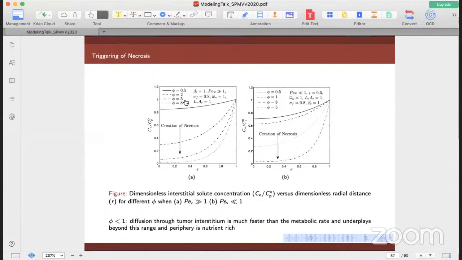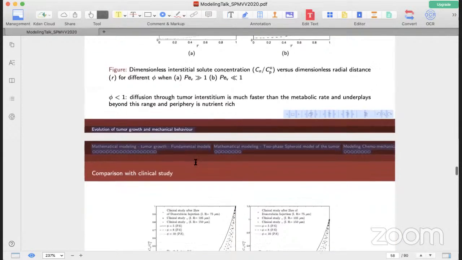Based on that, for various parameter combinations, no time, I cannot explain all the parameters. Let us say this region is the necrotic region, that means low nutrient concentration is the necrotic region. So this analysis will help us identify the necrosis region.